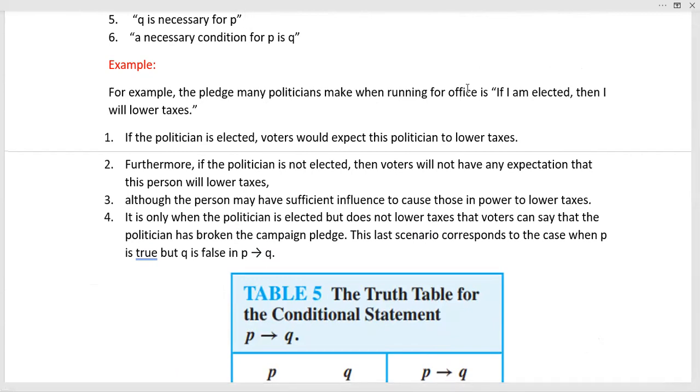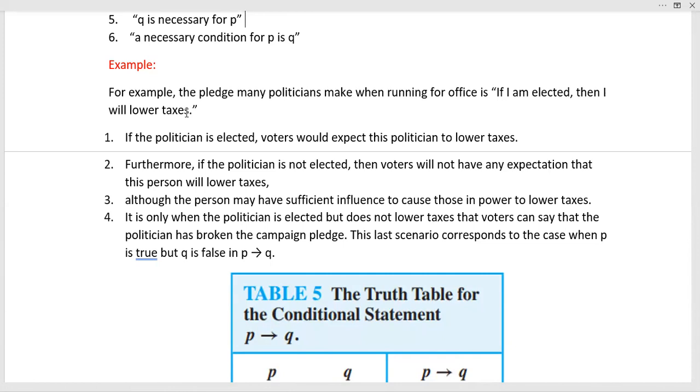In this case, if I am elected, then I will lower taxes. In the election campaign, one politician gave one statement or one offer: if I am elected, then I will reduce your taxes. Taxes or anything, some offer.